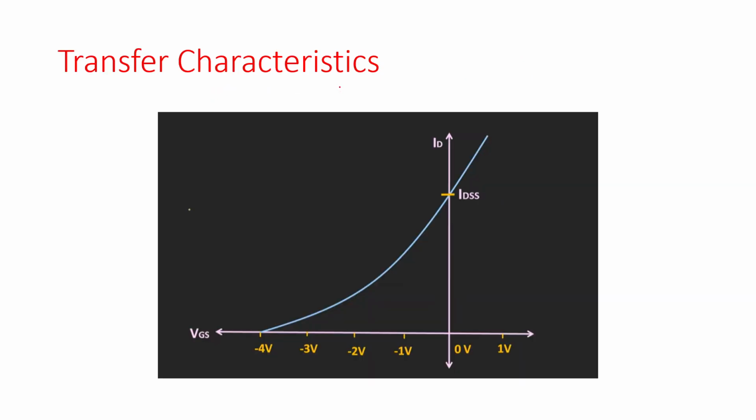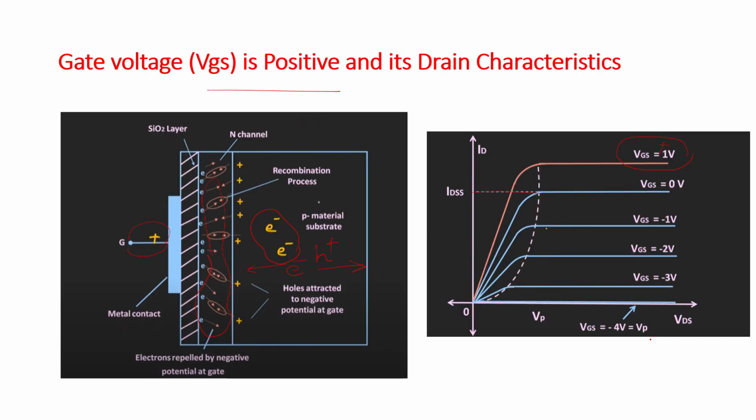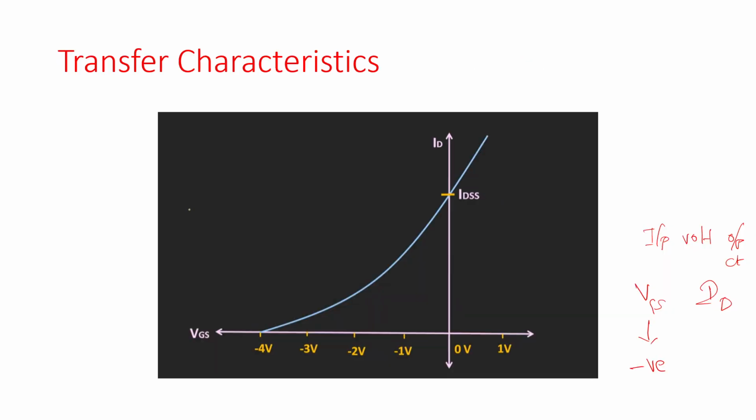And this is the transfer characteristics. Transfer characteristics is input voltage versus output current. So input voltage is VGS and output current is ID. So VGS we consider negative. This is a case that we said even the MOSFET works in the positive, but actually the VGS is in negative.